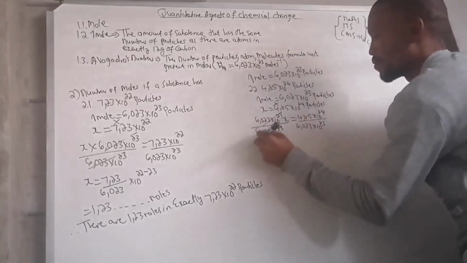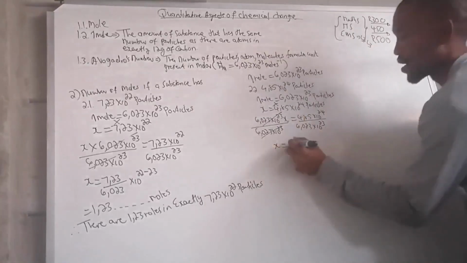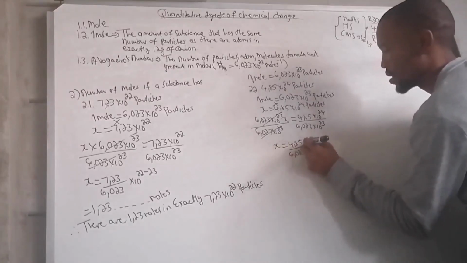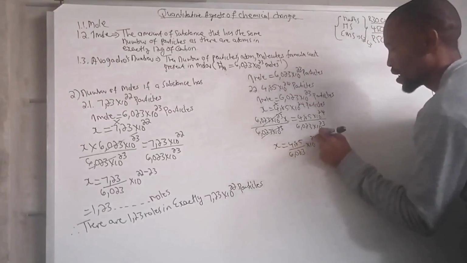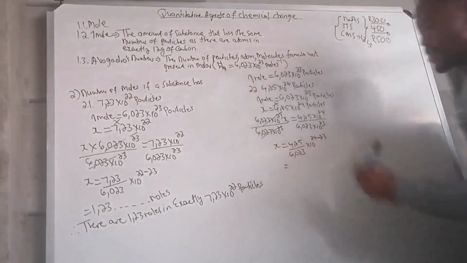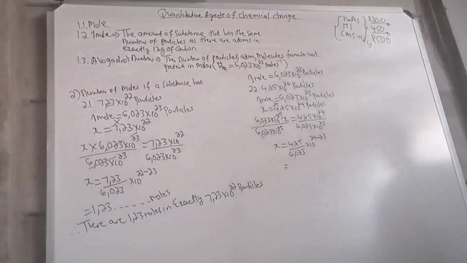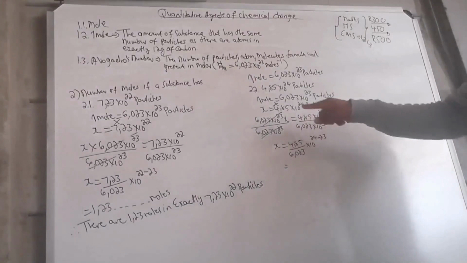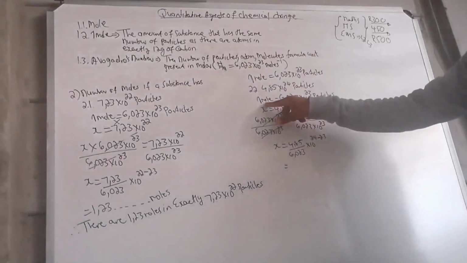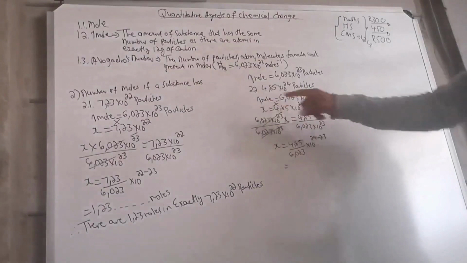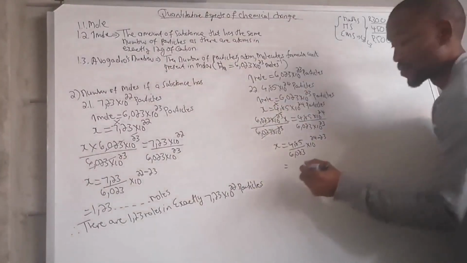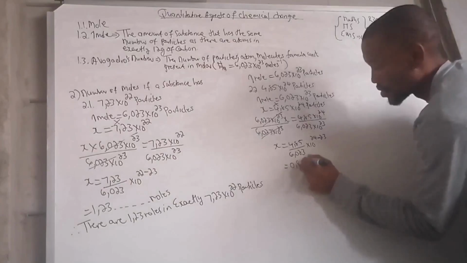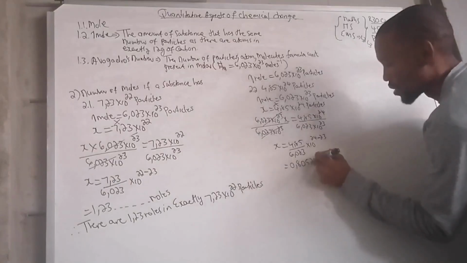So x equals 4.85 divided by 6.023 times 10 exponent of 24 minus 23. And then you get the number. We expected a number that is less than 1, so 0.8, 0.81 moles.